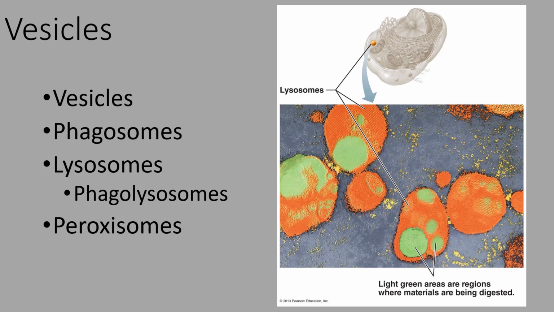Peroxisomes sometimes also will be used to break down certain lipids. In some cases, they will break down certain toxins, kind of like what smooth endoplasmic reticulum does. But primarily, peroxisomes are there to get rid of oxygen and free radicals.